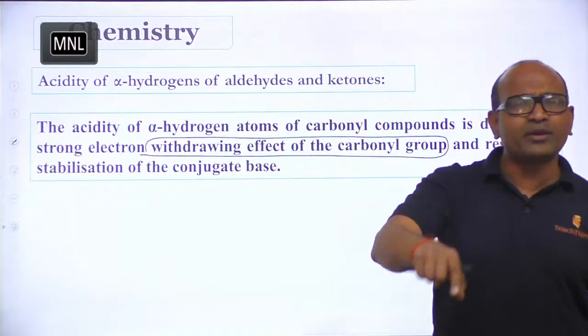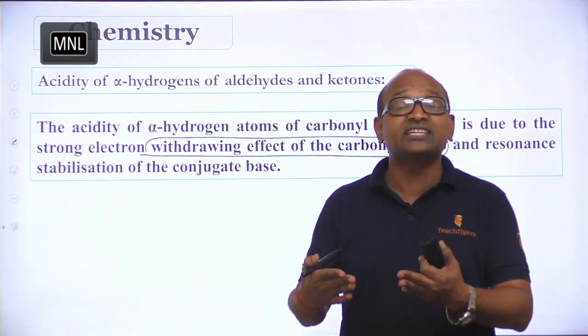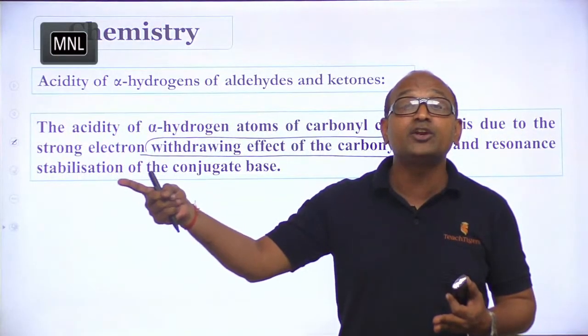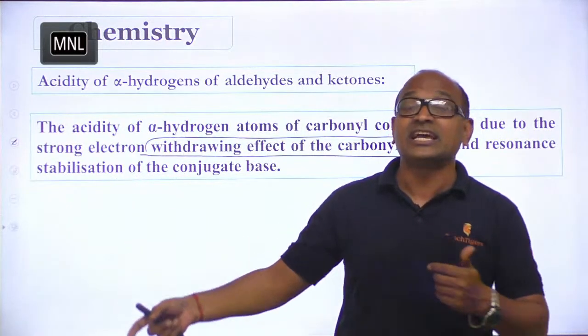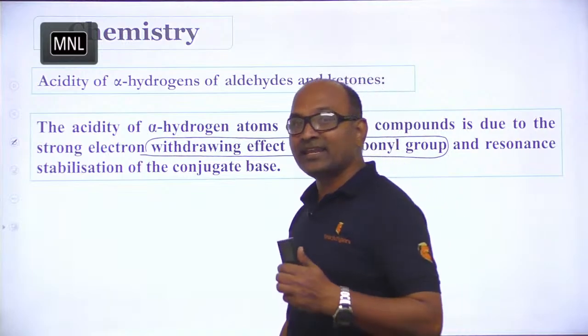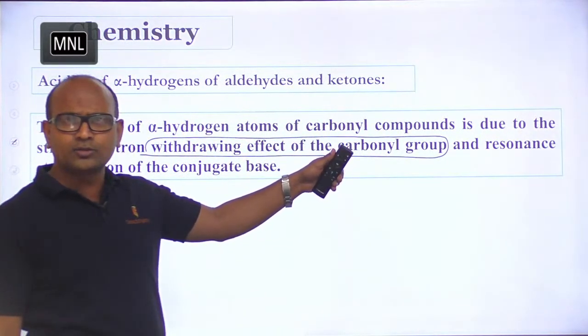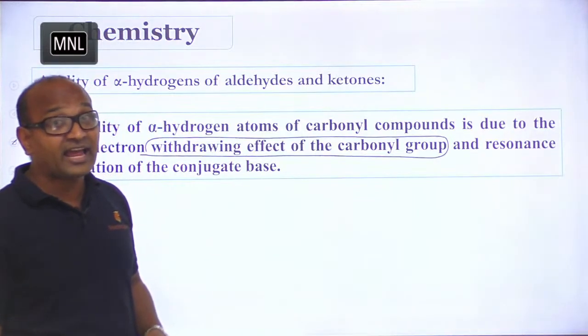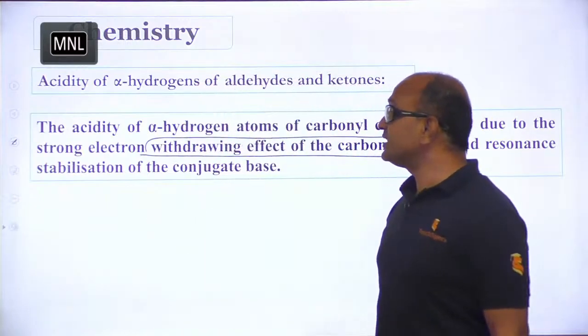Now guys, I guess you know the ability of a substance to act as an acid depends upon the stability of its conjugate base. Greater the stability of the conjugate base, greater is its ability to act as an acid, right? Here the conjugate base will get stabilized by the carbonyl group C double bond O, and in fact the anion, the conjugate base, is even resonance stabilized.